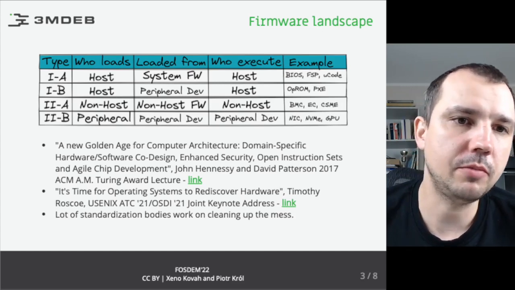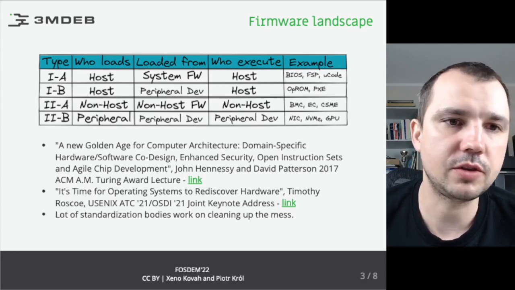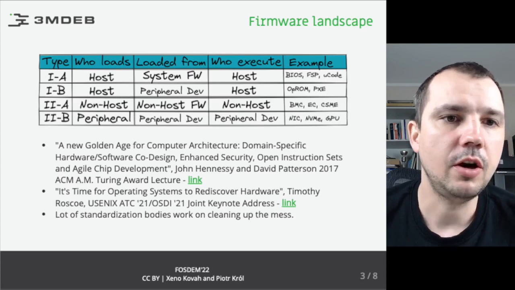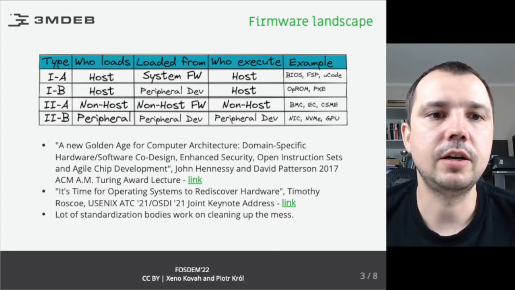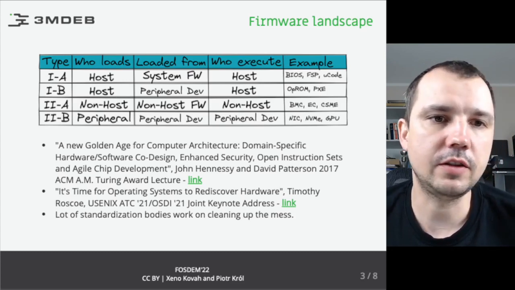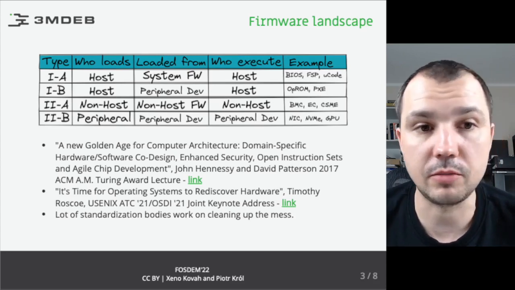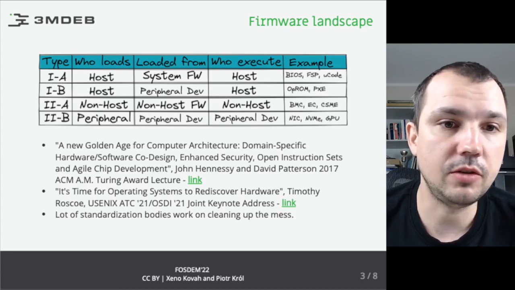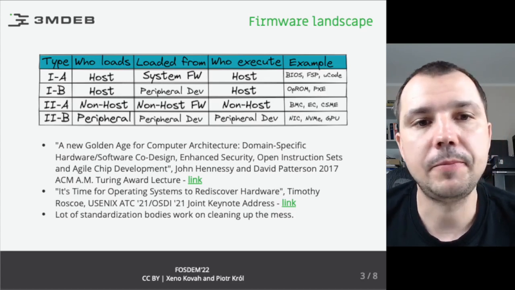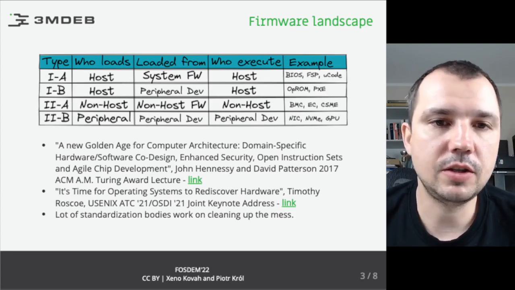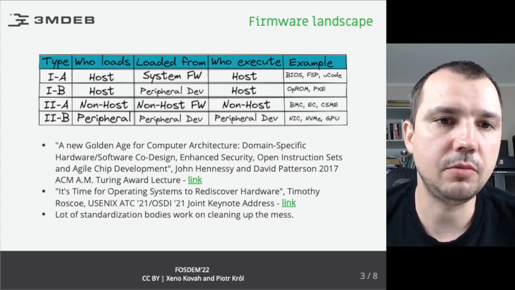We have firmware which can be loaded by the host processor, by a non-host processor, or by a peripheral device. The source where it's getting the firmware from can also be in different places. It can be system firmware, peripheral device firmware, or non-host firmware. So you can see how many types of firmware we have here.